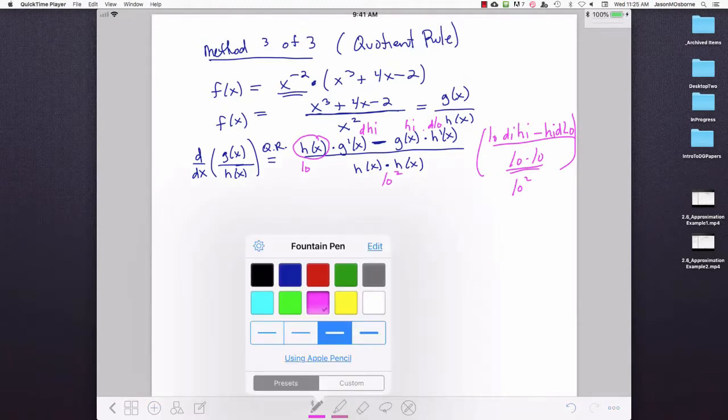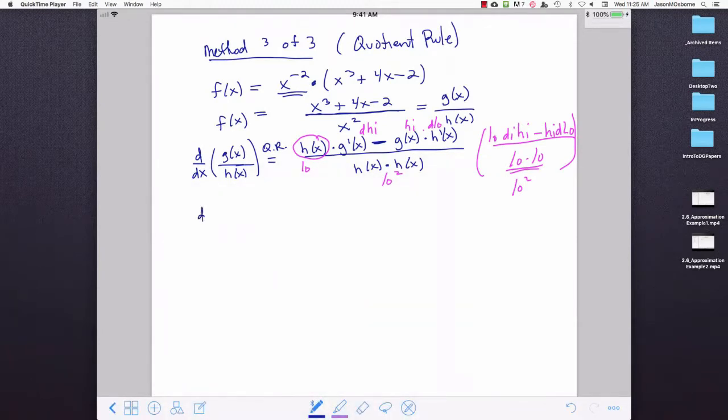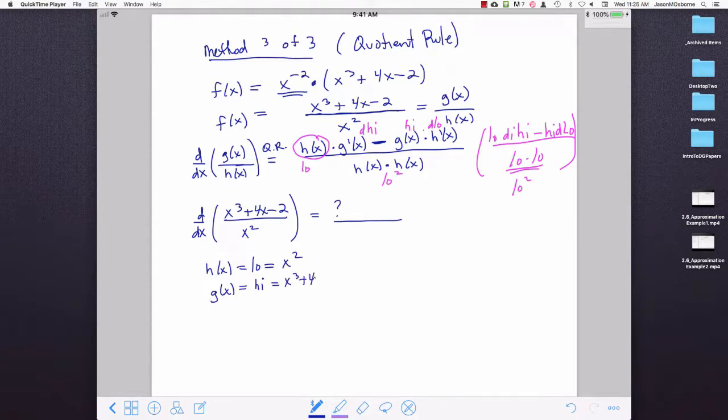So this will give us our third way to compute the derivative of a quotient of two functions. We know that h of x, also called our lower function, is x squared. G of x is the upper function. It is equal to x cubed plus 4x minus 2.